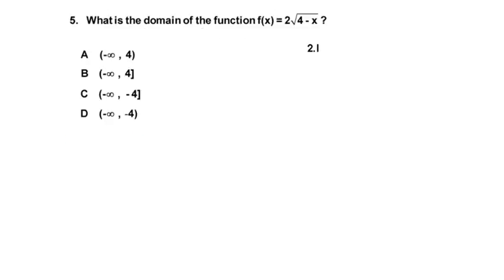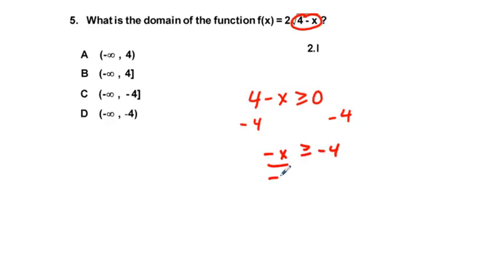5. What is the domain of the function f of x equals 2 times the square root of quantity 4 minus x? Well, for this, if we go inside a radical, we know that what's inside the radical has to be greater than or equal to 0. It cannot be negative. So if we subtract 4, keeping the unknown on the left side, we have negative x is greater than or equal to negative 4.